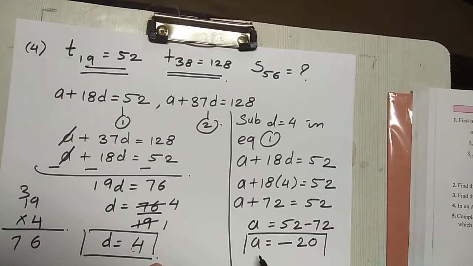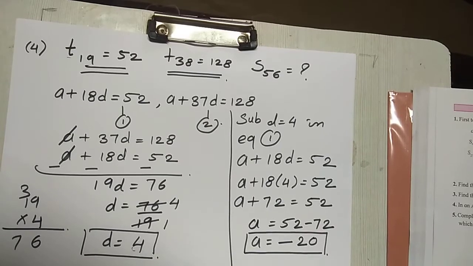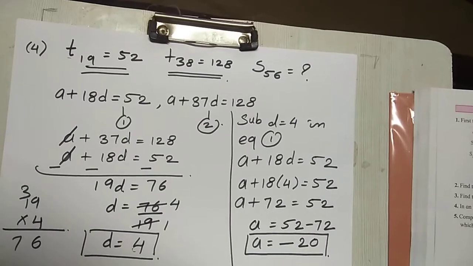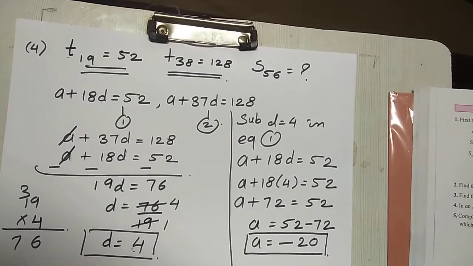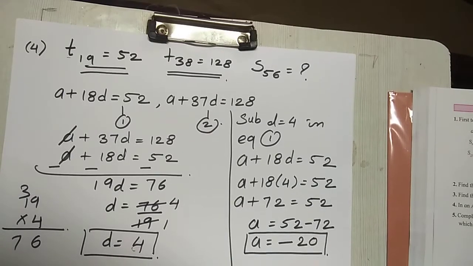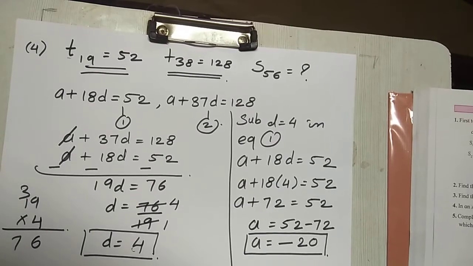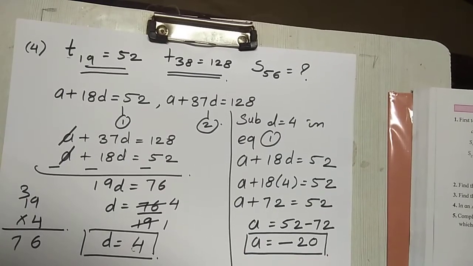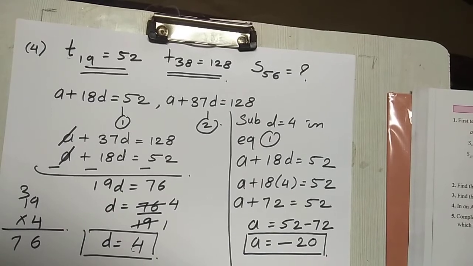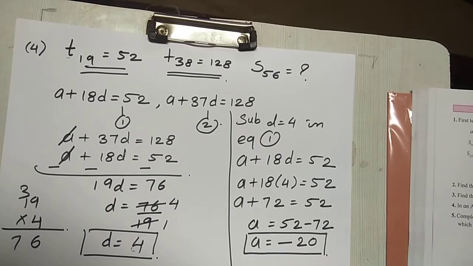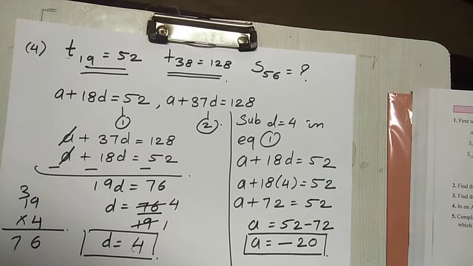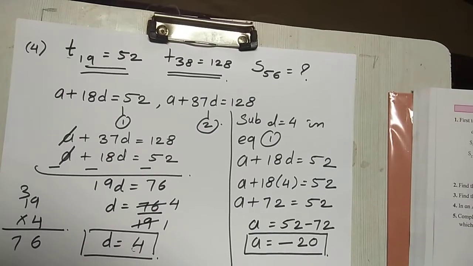A will be minus 20. So we have A as minus 20. Any doubt in this? We'll proceed with the next section. Once we get D and once we get A, then we can use the formula of Sn and calculate S56.